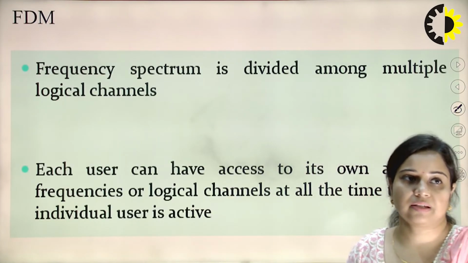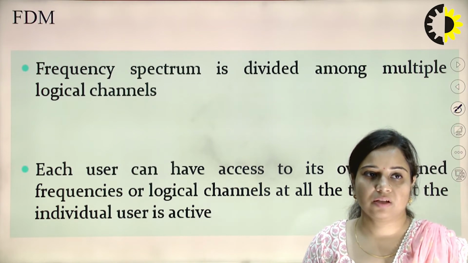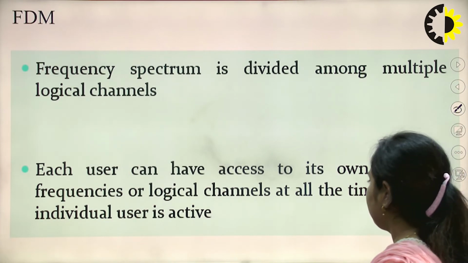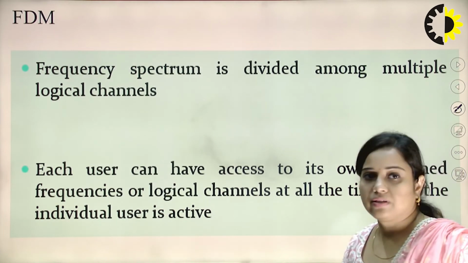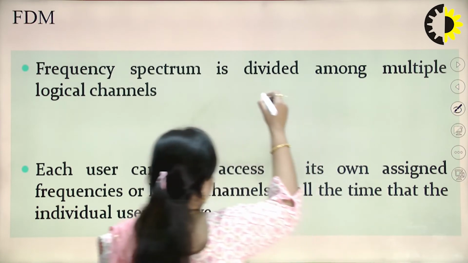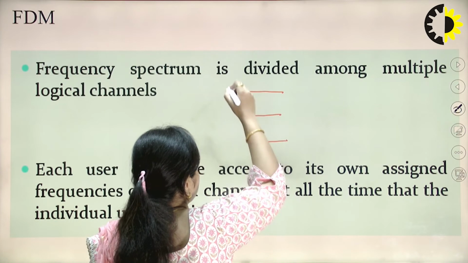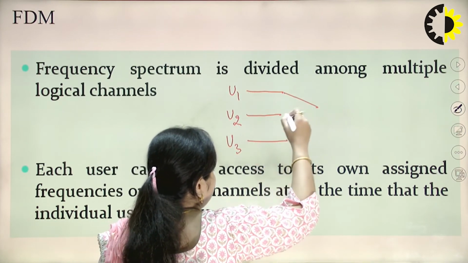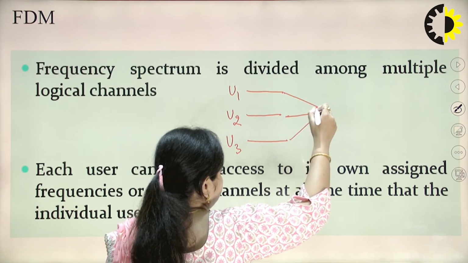Now, we will come to what is FDM. A frequency spectrum is divided among multiple logical channels. Each user can have access to its own assigned frequencies or logical channel at all the time that the individual user is active. So, let us say I am taking an example of 3 users like U1, U2 and U3. These 3 data have to be multiplexed together using a mux.